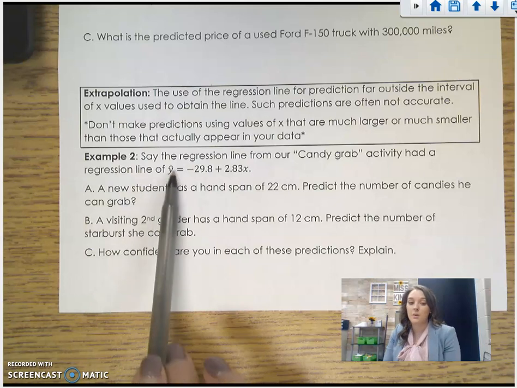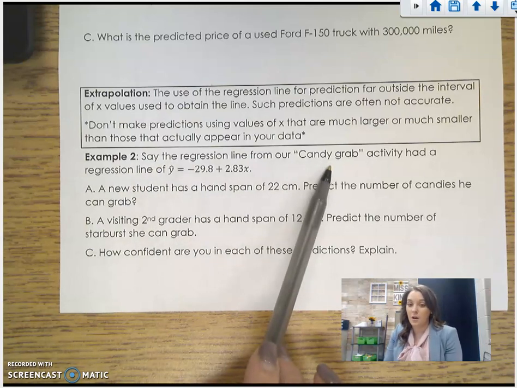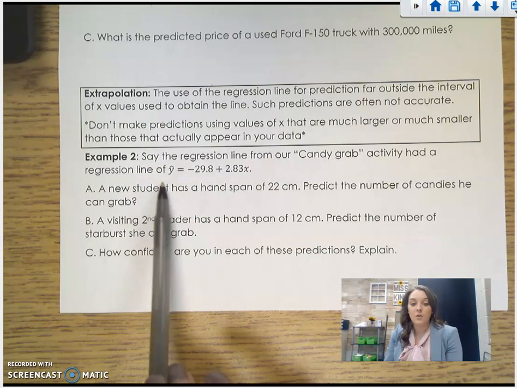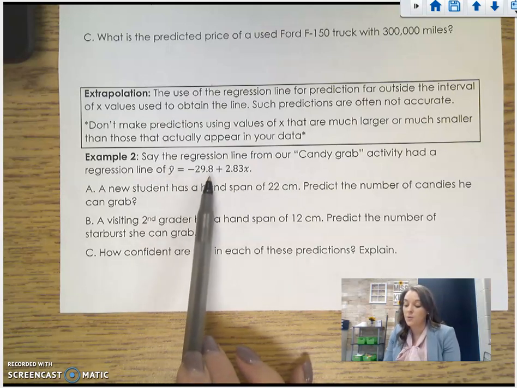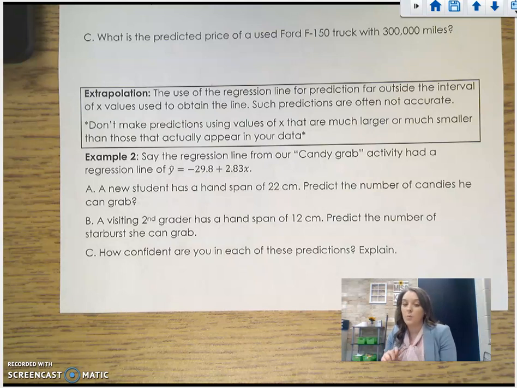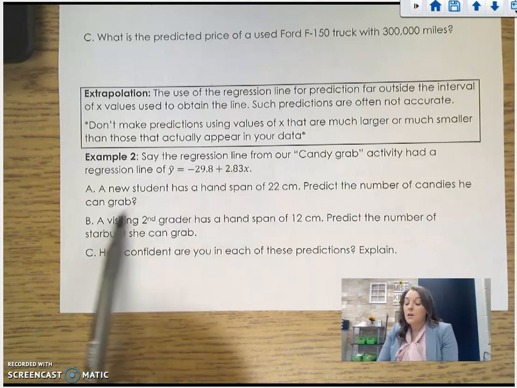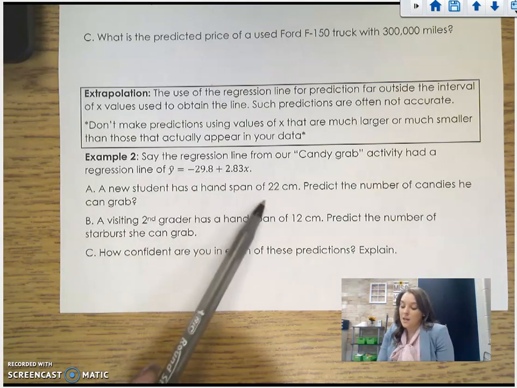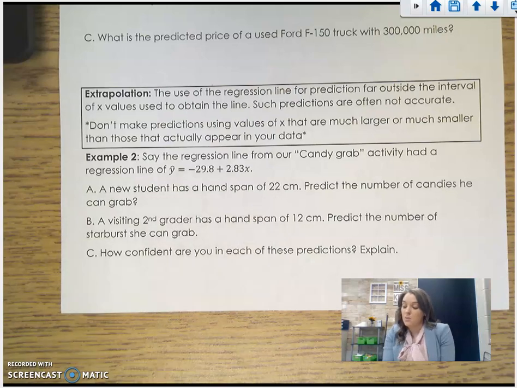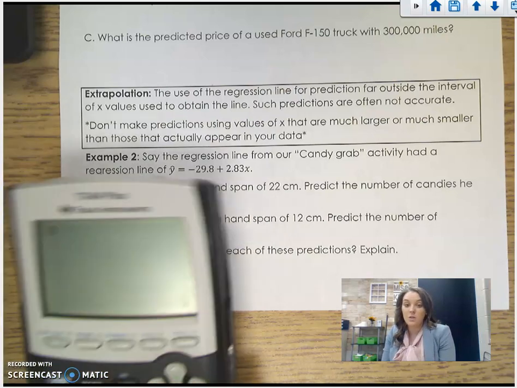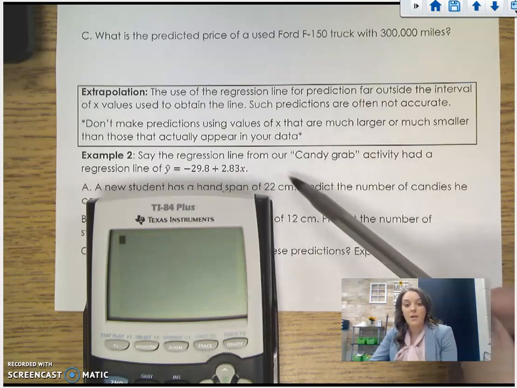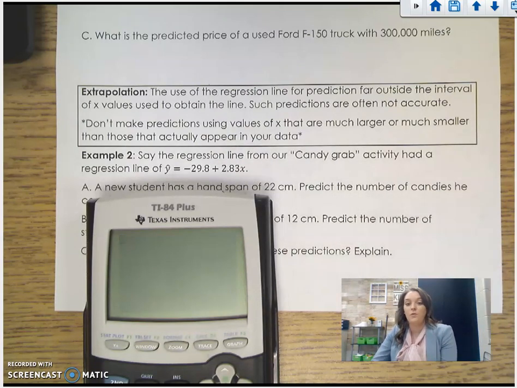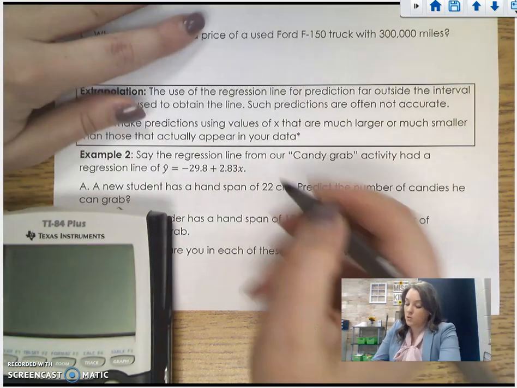A good example of this is from our candy grab activity, where we said that the regression line was y hat equals negative 29.8 plus 2.83x. Part A says a new student has a hand span of 22 centimeters. Predict the number of candies he can grab. So we are going to use this regression line to calculate a y hat value for when x equals 22 centimeters.